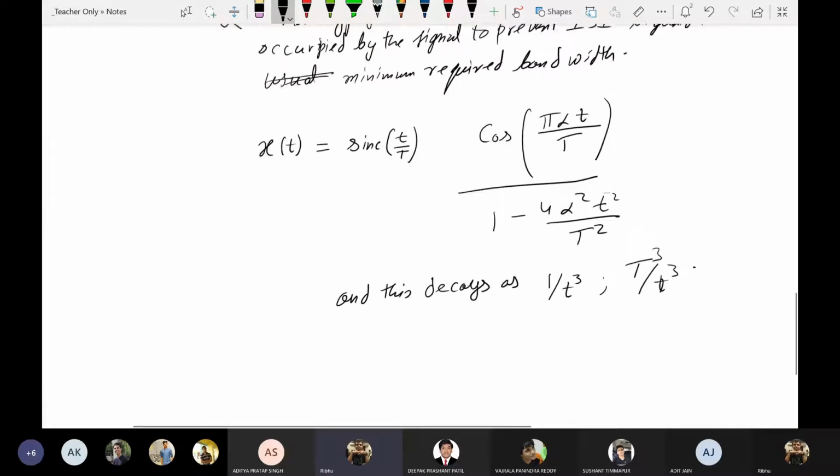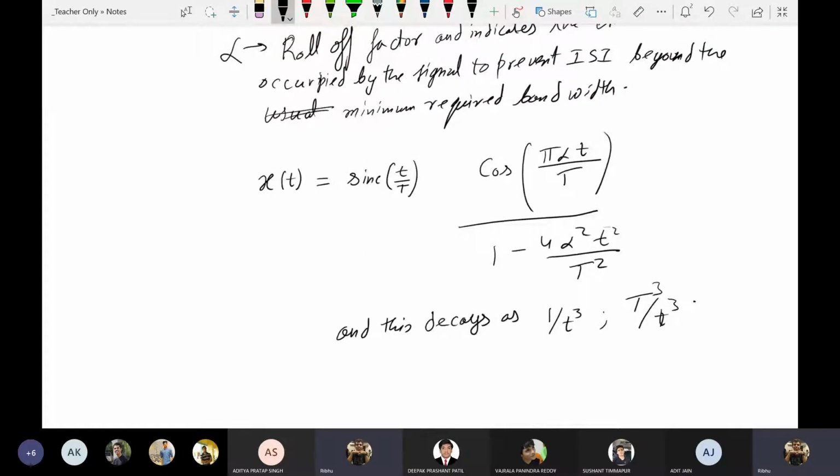Fine. You can try taking the inverse Fourier transform. It will take a couple of hours. That's why I'm not doing it.